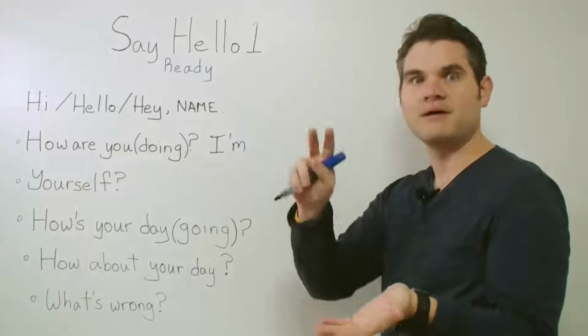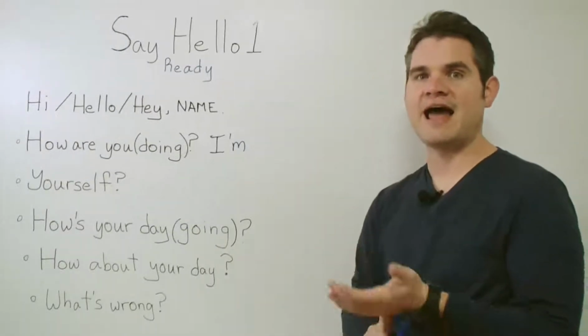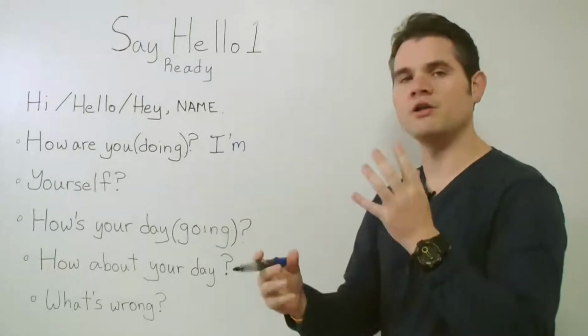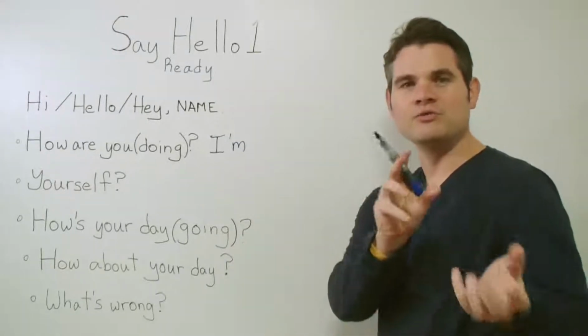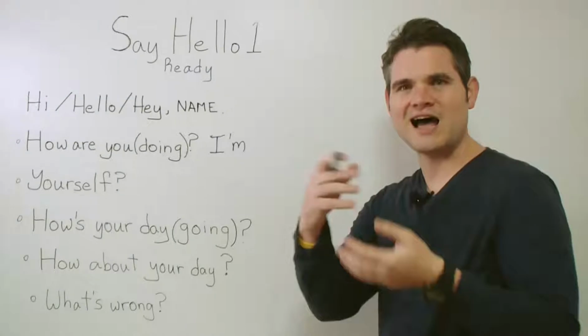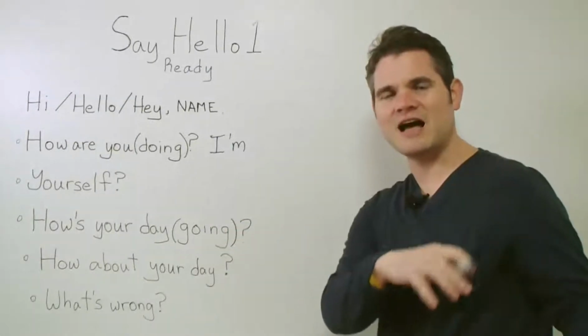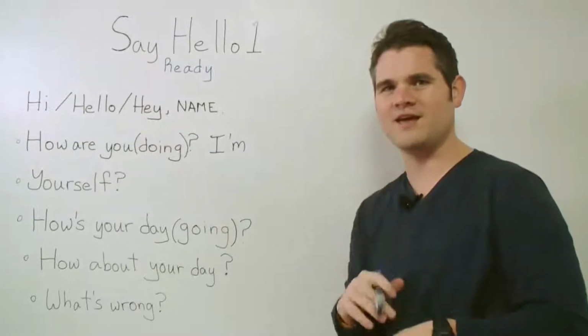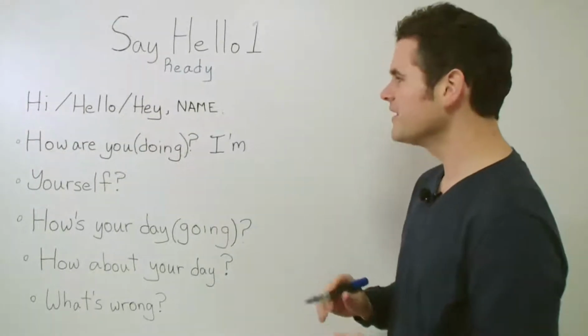So, like positive conditions, like happy, great, wonderful. You can use all of those. And also neutral conditions where you're not happy, you're not sad, you're not angry, you're in the middle. You are all right, you are okay, you are so-so.